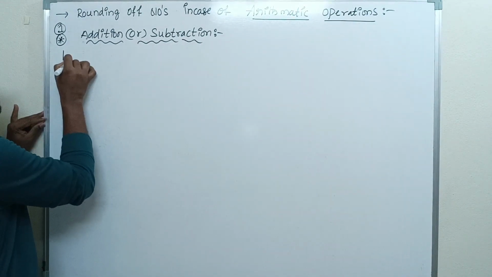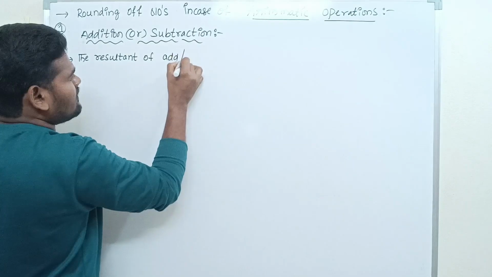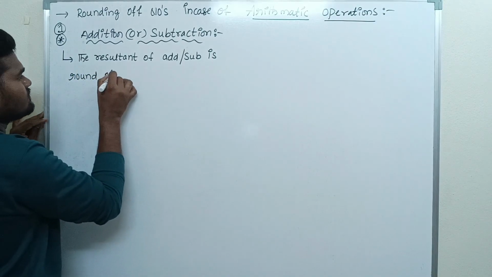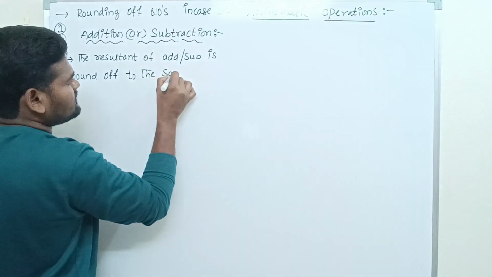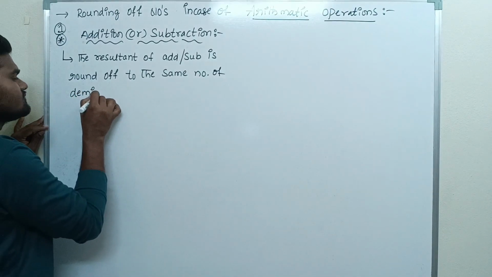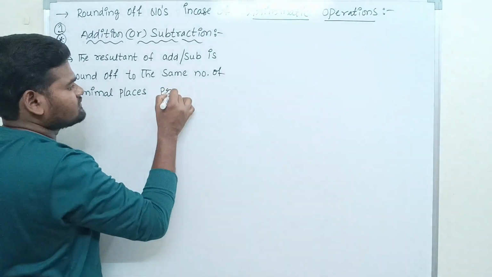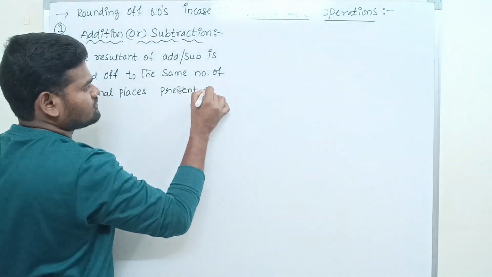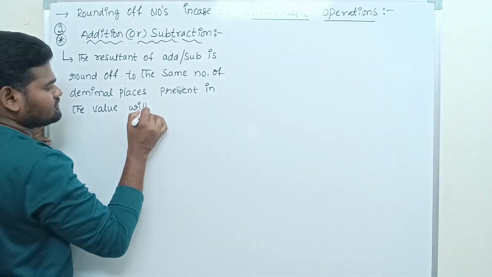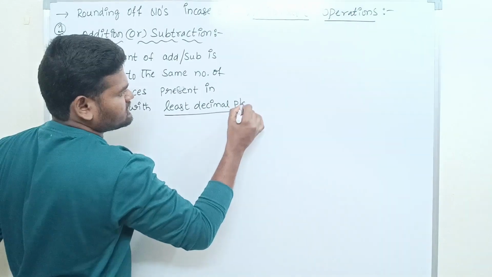Have a look. The resultant of addition or subtraction is rounded up to the same number of decimal places present in the value with the least decimal places.